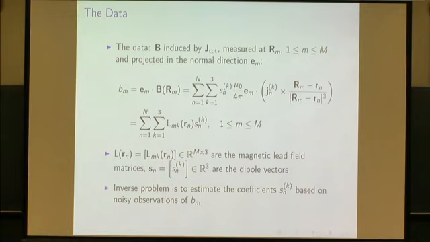This is not necessary. This discussion is not really limited to that, but our simulation is done that way. So in our simulation, we fix the direction of the dipole field. As I said, this is not crucial.